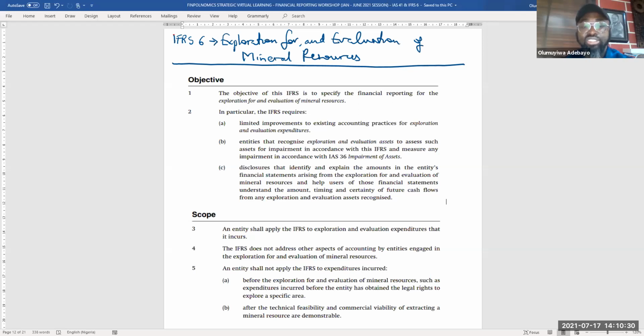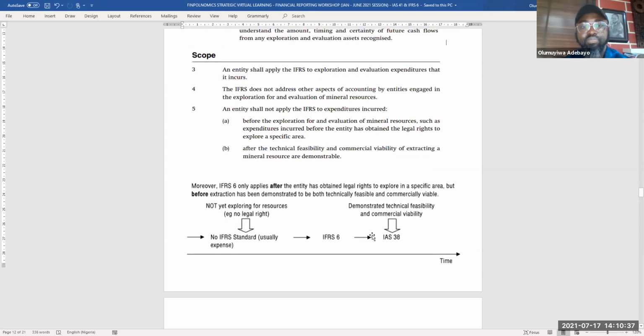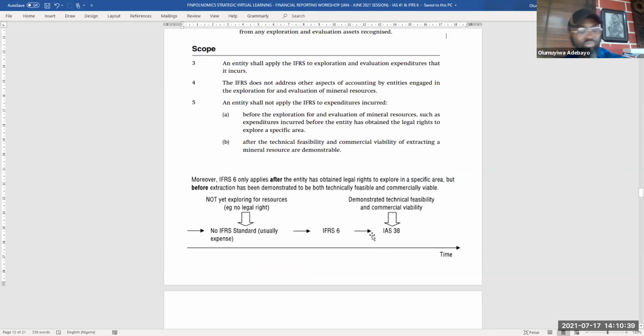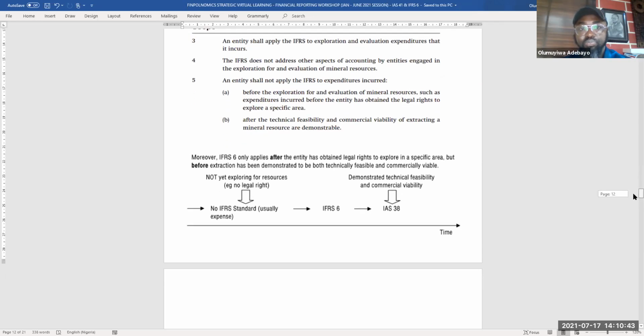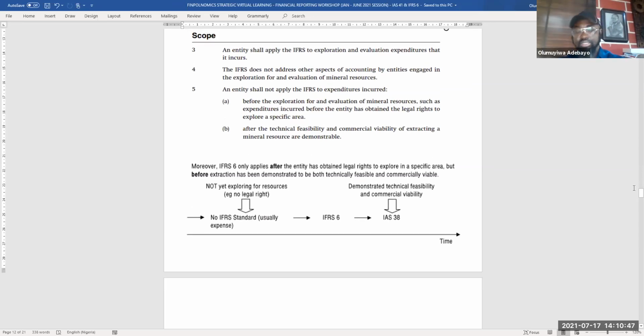Now, I discussed something earlier, and let's look at it from this perspective. You know, we're discussing the scope. Now, I'll try to use this diagram to explain the scope. Now, we have the phase before obtaining the legal rights.